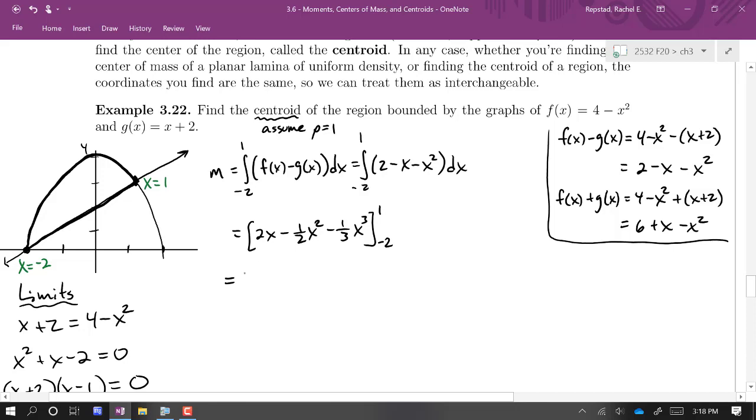And then we'll plug in our limits. If we plug in 1, we get 2 minus a half minus a third. And then if we plug in negative 2, we get negative 4 minus 2 plus 8 thirds.